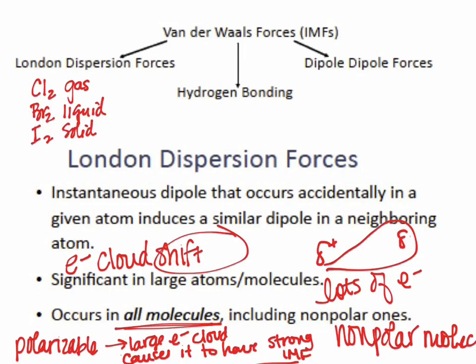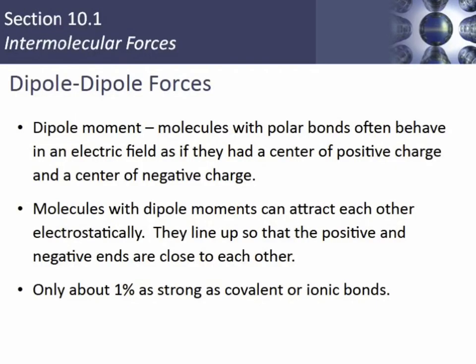Okay, any questions on LDFs? All right, next. Dipole-dipole. These are when we have polar bonds. So if we have, say, HF, and we have our polar bond, then we have a dipole moment.